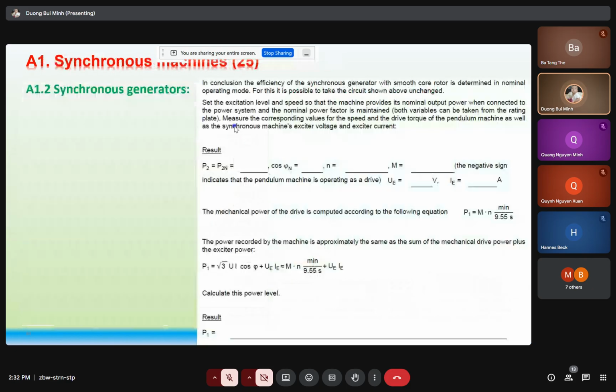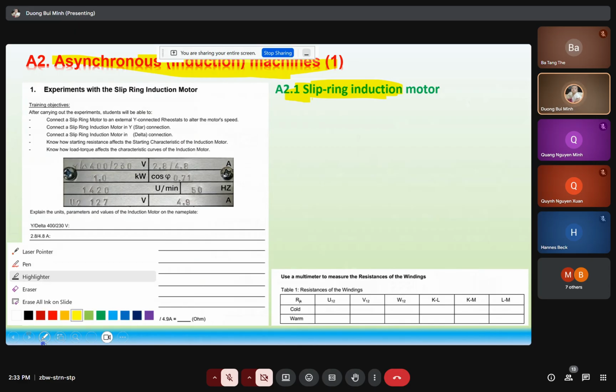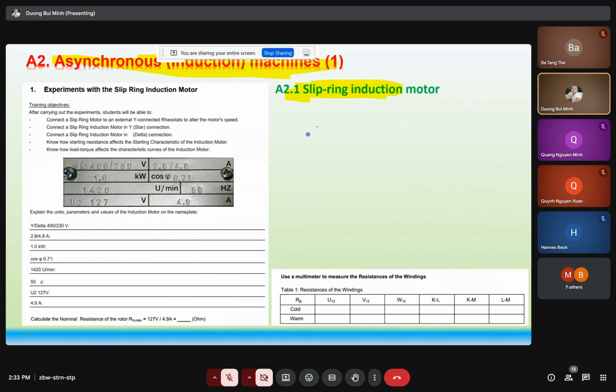Okay, now we come to the asynchronous induction machine. We have slip ring induction motors, and we have squirrel cage. Slip ring means wound rotor, right?